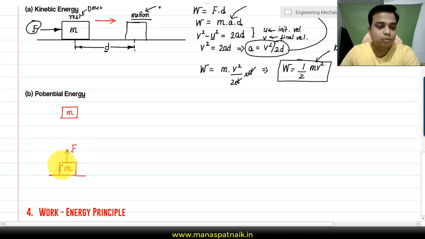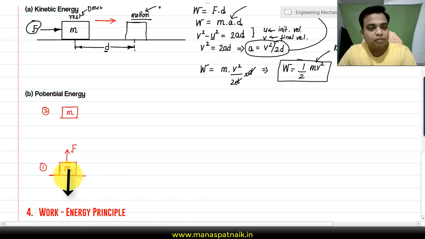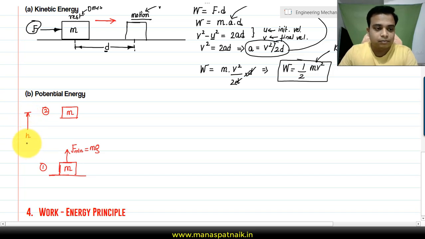Let's say we carry this block from position 1 to position 2. Now guys, you should know this. If this block is kept on the ground, the earth is going to pull this object by an amount of mg, right? So the minimum force that you need to apply in the upward direction should be equal to mg. The block has to travel in the upward direction by a distance of, say, h.